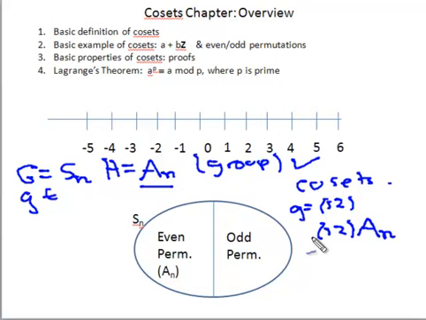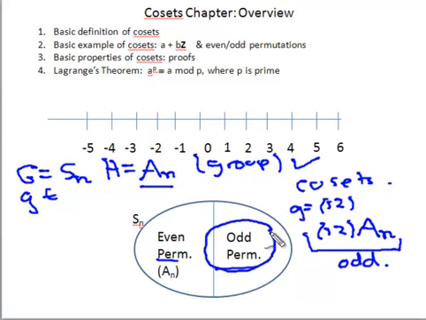Now, if you think about it, every single one of these permutations is going to be odd. And in fact, since there's just as many odd permutations as even permutations, (1 2) times A_n is going to be, in fact, the entire set of odd permutations.